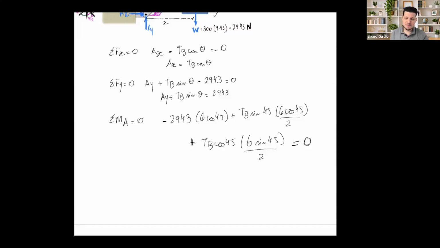With that, can we do something here? Yes. Just calculate it. Okay, TB is the only unknown. We're going to find TB. Once you do this calculation, TB is going to be, if not wrong, twice this one here.